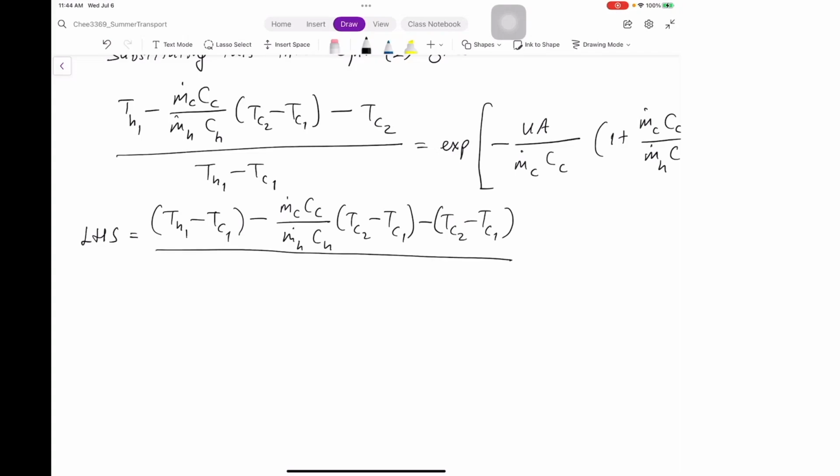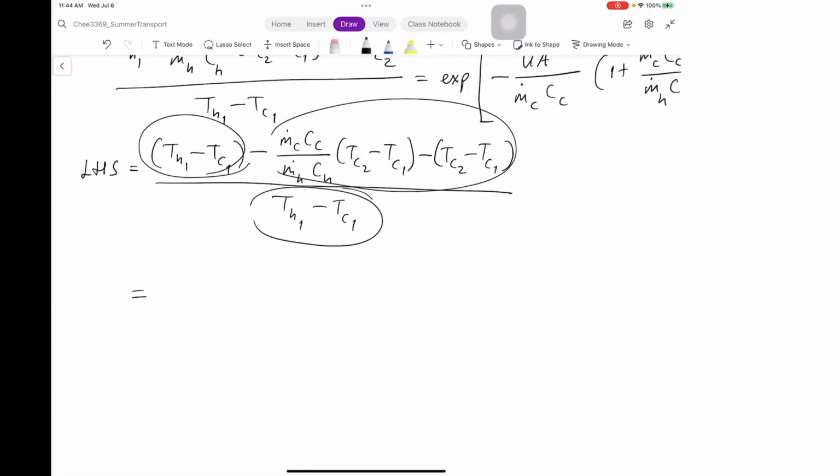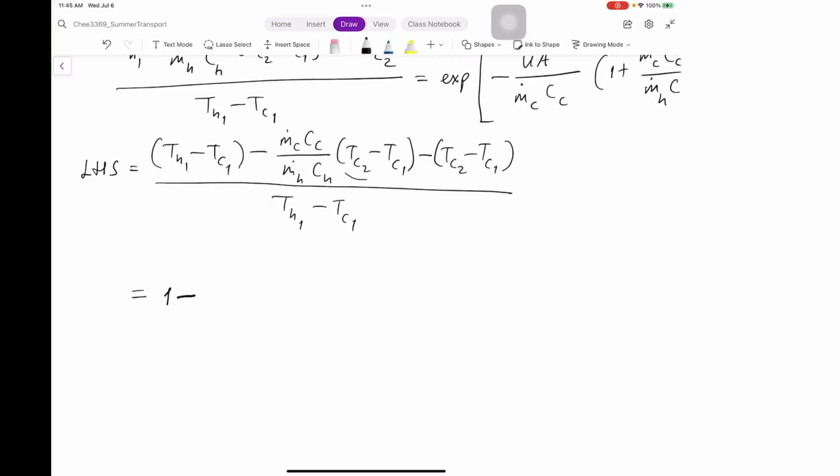Divided by T_hot1 minus T_cold1. That's equal to this divided by this minus this divided by this, right? So you would get 1 minus, you can factor this term out.